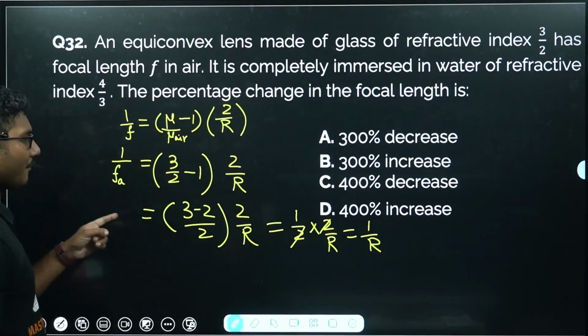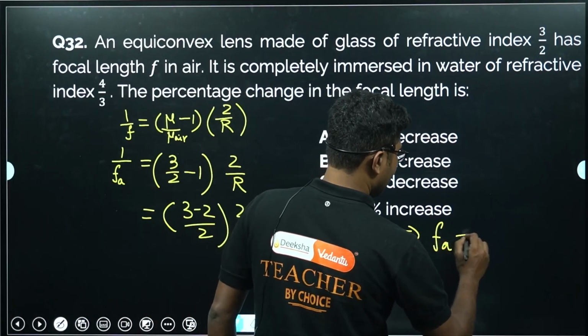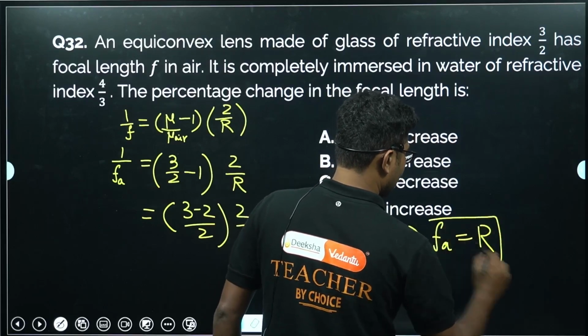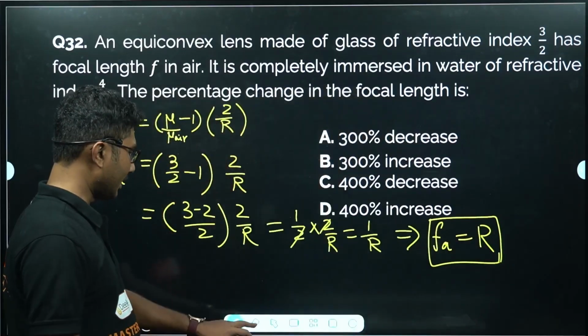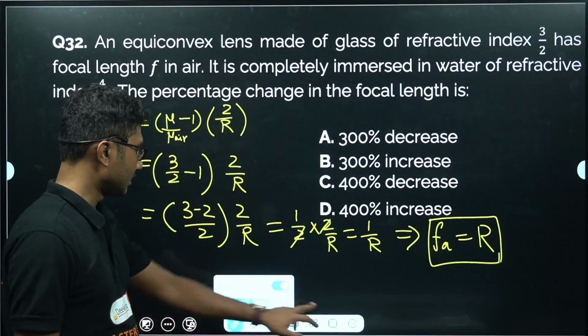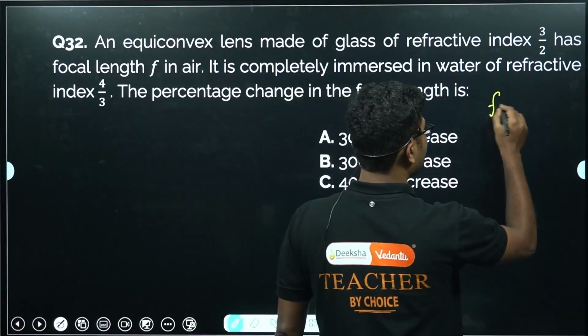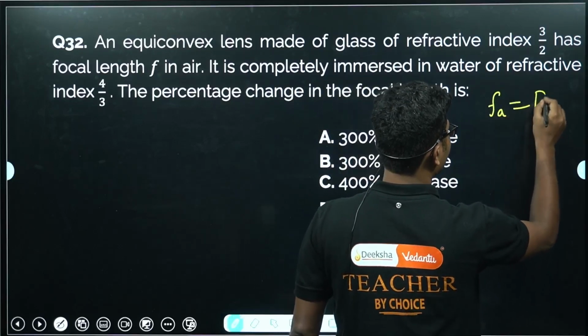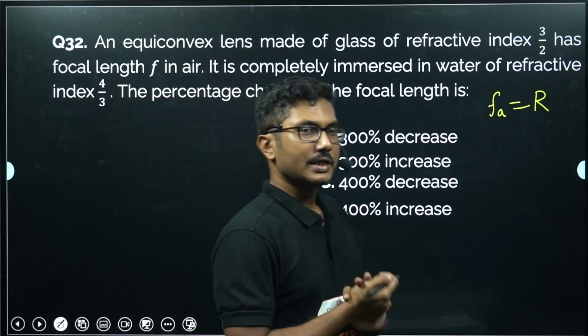So 1 by f air is 1 by r, or we can write f air equals r, okay? This one is our first information that we have collected. Let us keep that. So f of air is equal to radius of curvature r. Any one of the surface radius of curvature r is equal to the focal length.